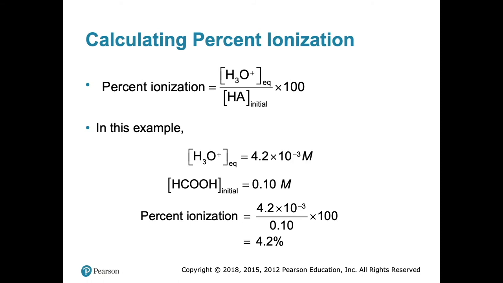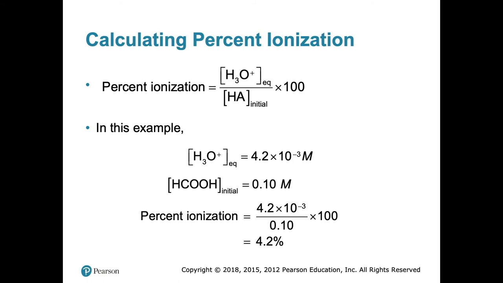So in this example, our concentration of H3O, remember we calculated it using the 10 to the negative pH equation, to be 4.2 times 10 to the negative 3, right? And then the problem gave us that it was a 0.1 molar solution of formic acid. So you just plug it in there, right? Products over reactants again, and times 100, and then you get a percent ionization of 4%, right?